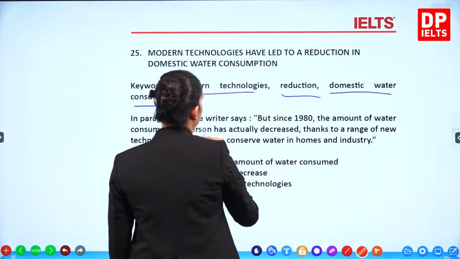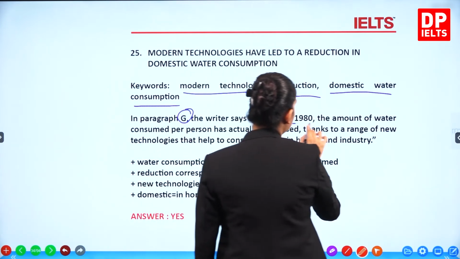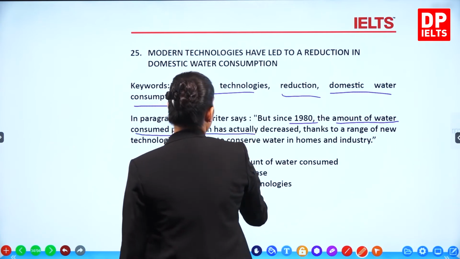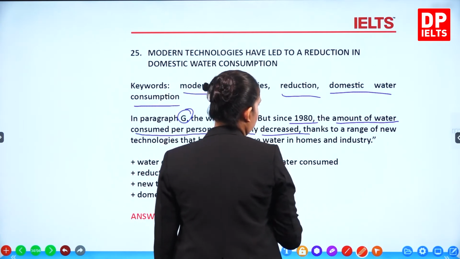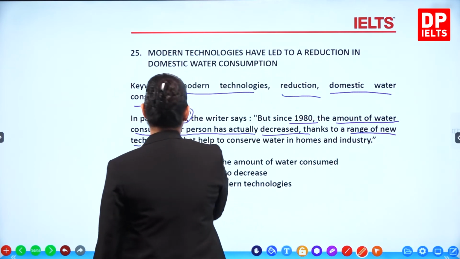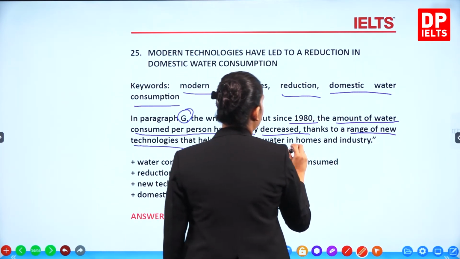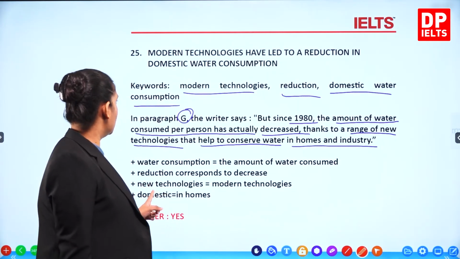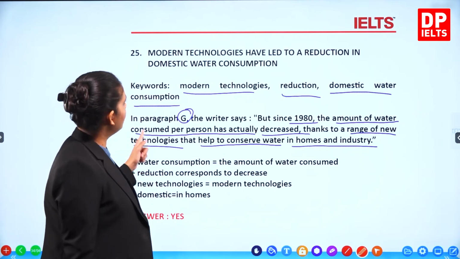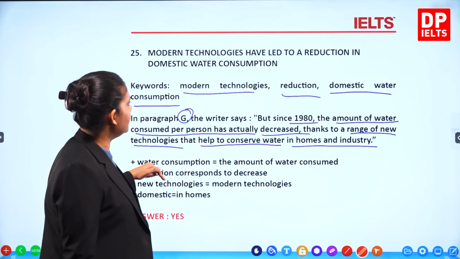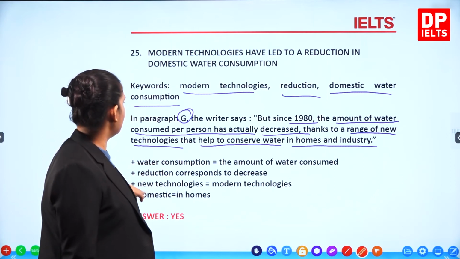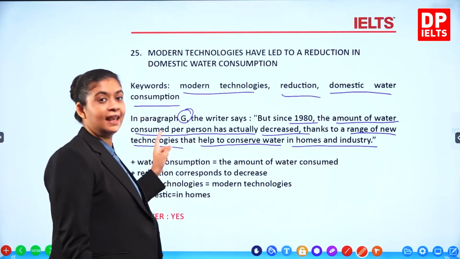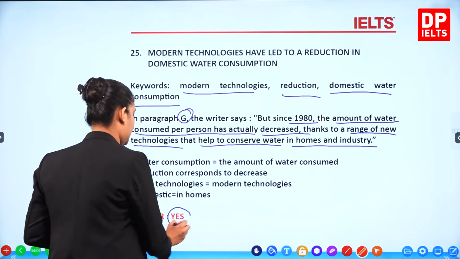In paragraph G, the writer says, but since 1980, the amount of water consumed per person has actually decreased, thanks to a range of new technologies that help to conserve water in homes and industry. So, modern technologies have led to a reduction in domestic water consumption, right? Yes, it has actually decreased thanks to a range of technologies. So the answer is yes.